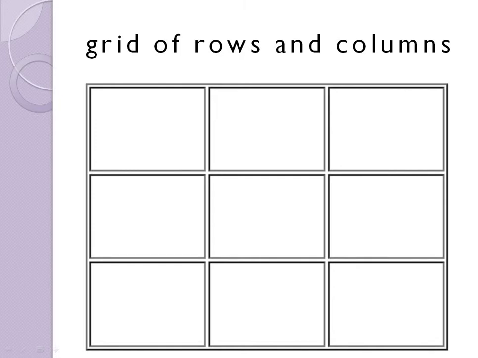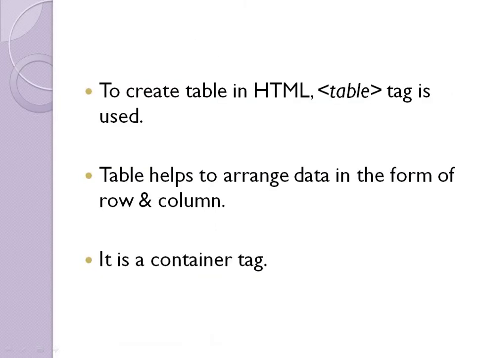But how to design a table in HTML? For that, the table tag is used, and we can arrange the data on the HTML page or on the website with the help of this table tag in a proper structure. So let's see how we can create the table.